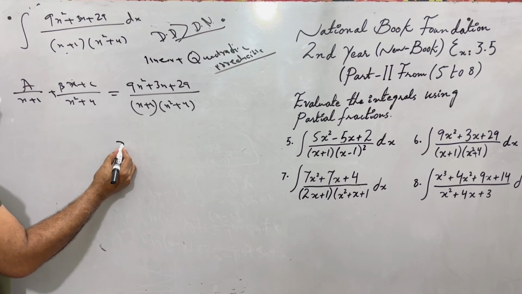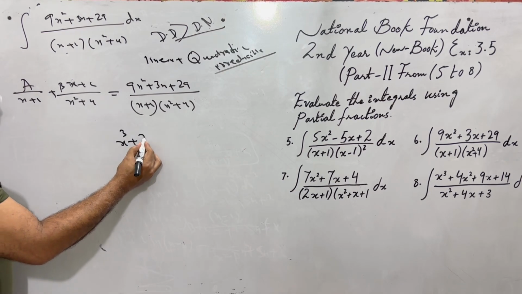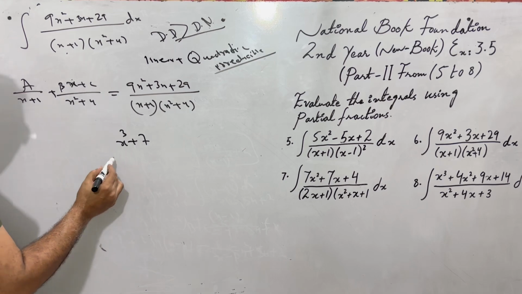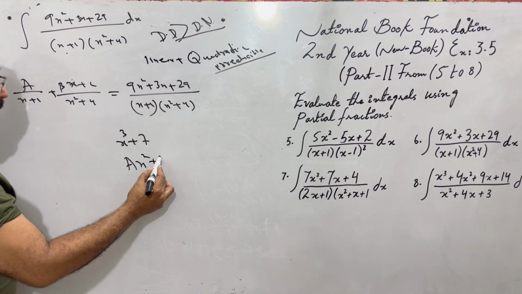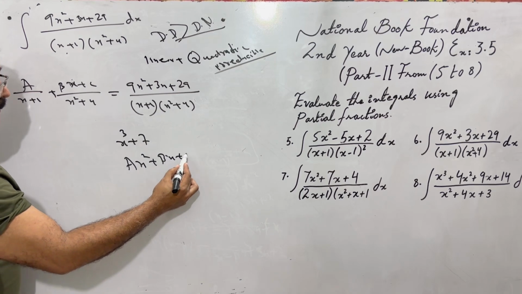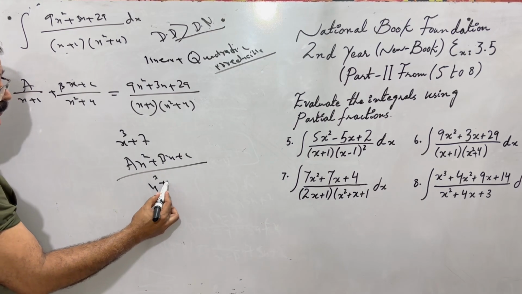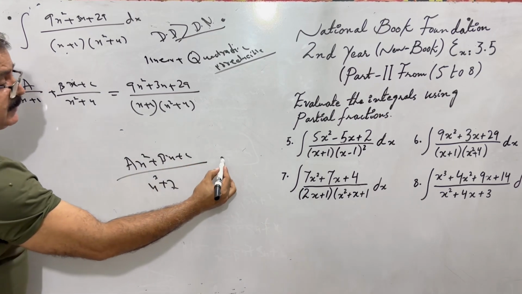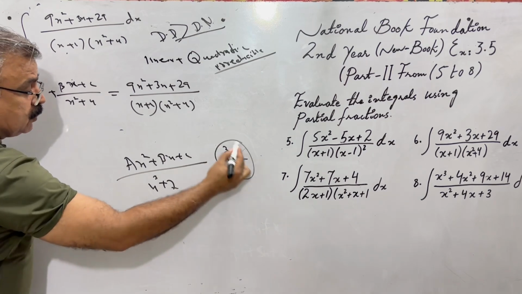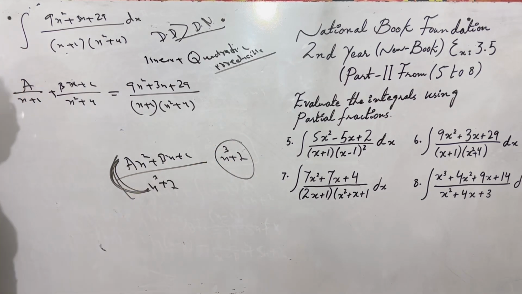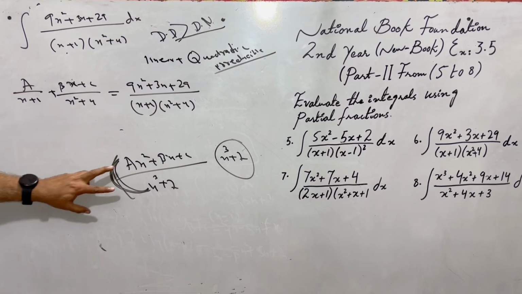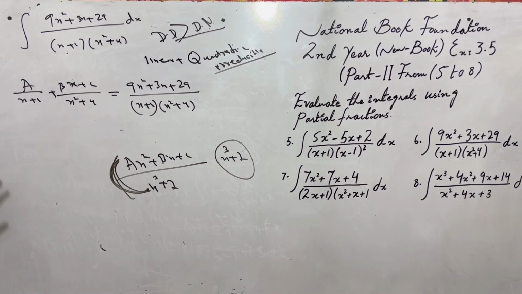If something is present like x cube plus 7, how to write its partial fraction? It can be written as ax square plus bx plus c divided by x cube plus 7. So the degree difference between numerator and denominator must be 1.